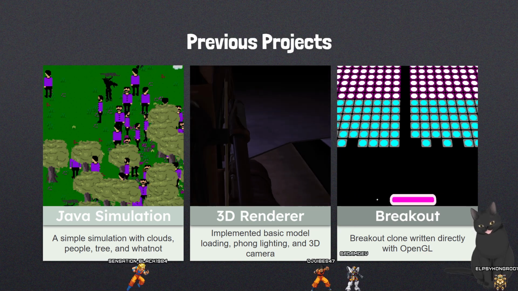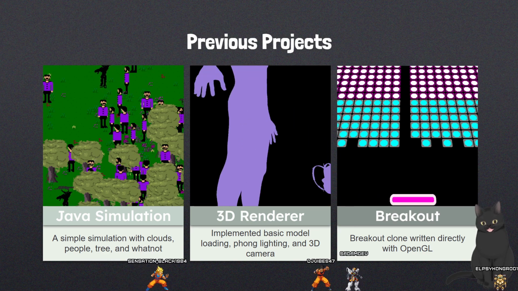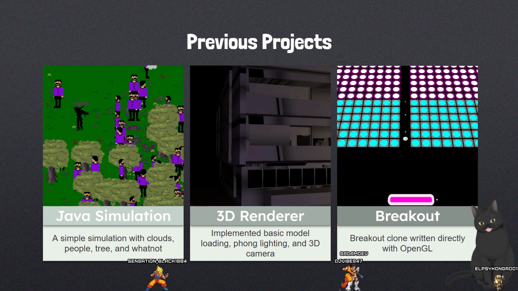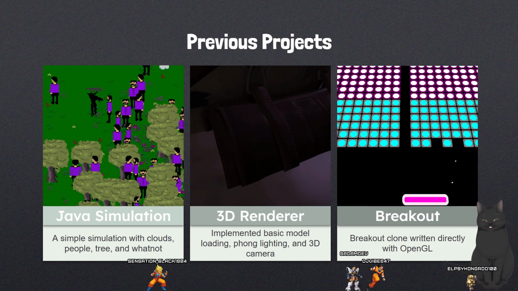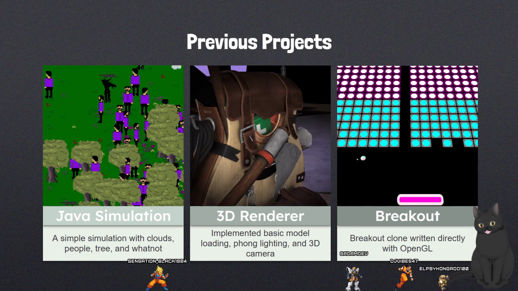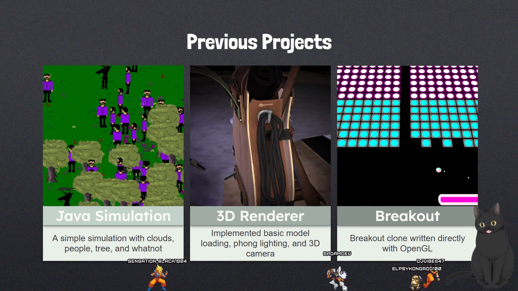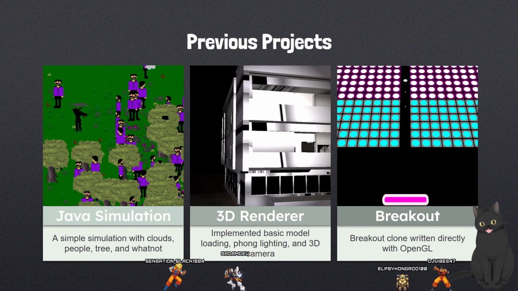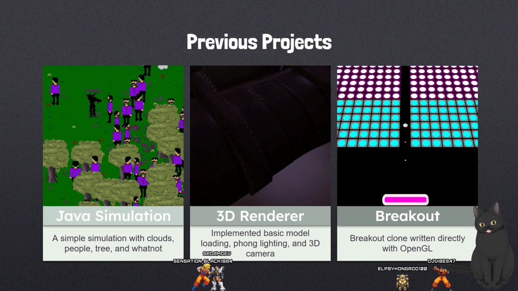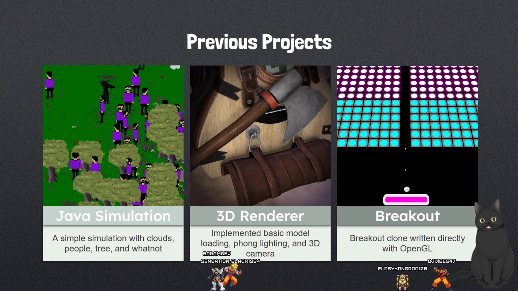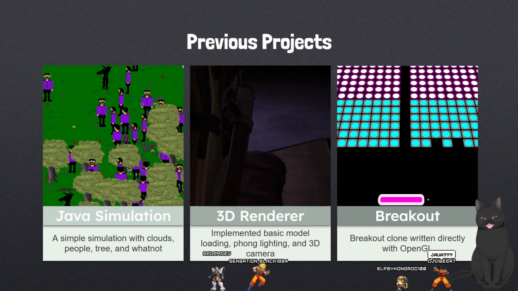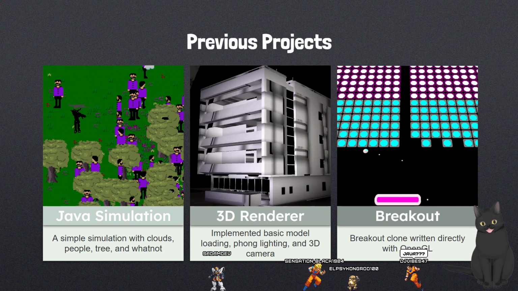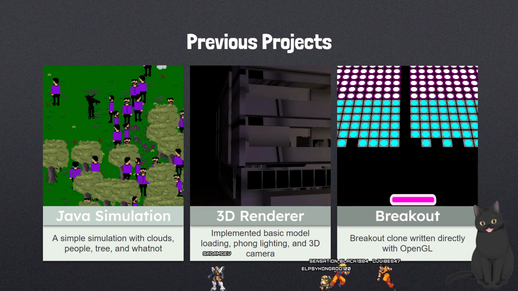And the Java simulation is kind of an interesting one. That was my first attempt at making a game in general. The graphics are not even using a graphics API. It's using an array of vectors to map colors to locations on the screen, but they're being drawn in scan lines.